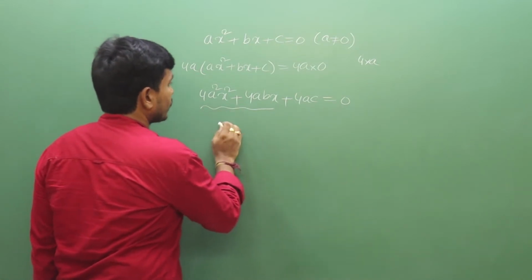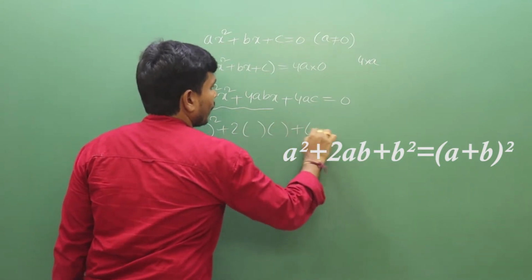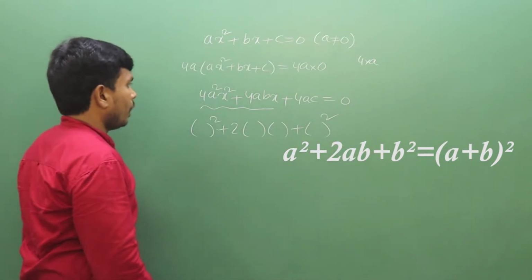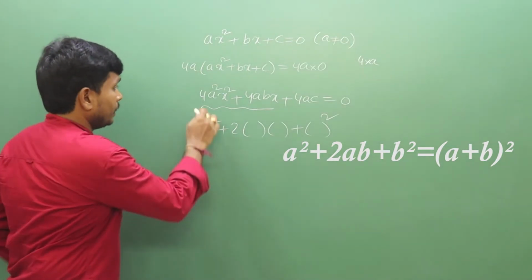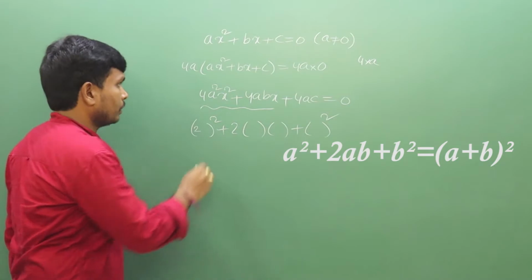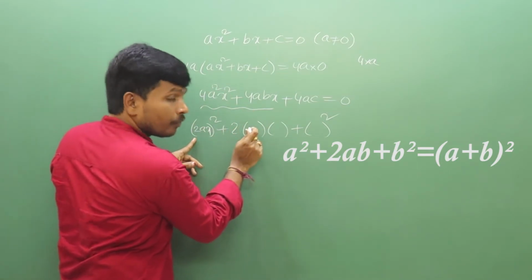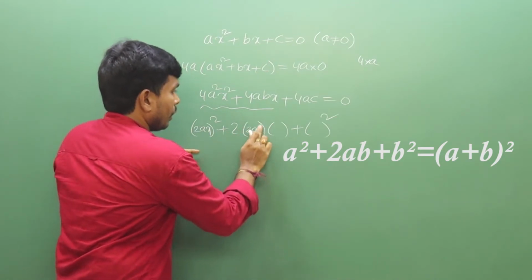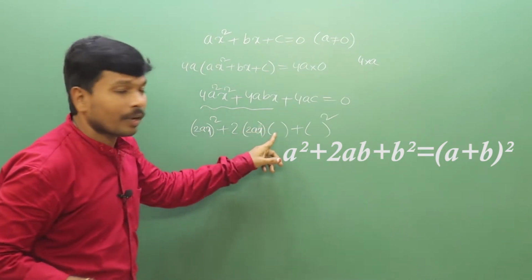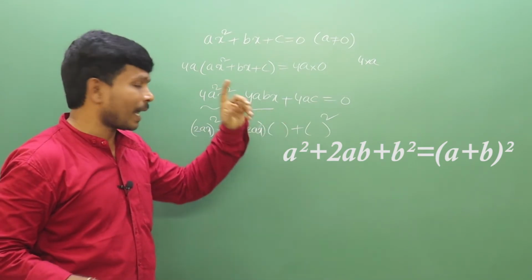Then what we have to do? a square plus 2ab plus b square. What is the a value? Can you guess it? Yes, 4 is nothing but 2 square, and a whole square is nothing but ax. Now what is the a value? The first bracket is nothing but 2ax. Now your challenging step: what is the value you can get in this bracket?